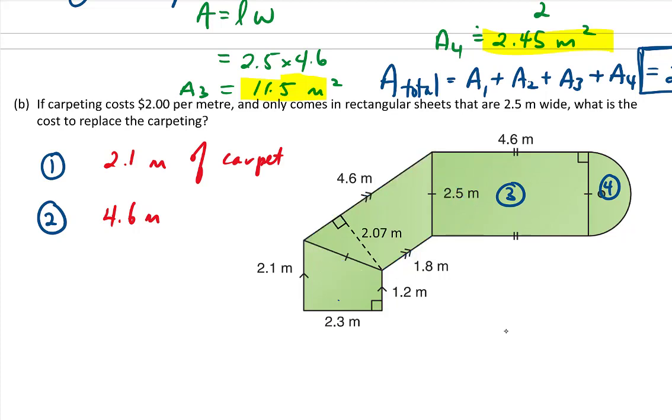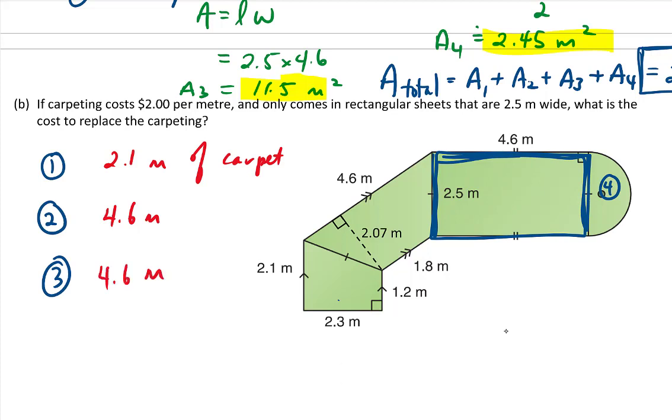Okay, now we go to section 3. Section 3, hopefully you can see, we're not going to have any waste. It's 2.5 by 4.6. So we need 4.6 meters again to cover up the third section. And now we have the fourth section here.